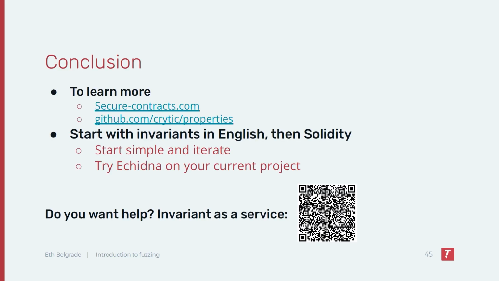Okay, so I hope the TLDR of what you can take from this presentation is that thinking about invariants is a really powerful way to find vulnerabilities and to build better software. From our experience, it's not necessarily about using a fuzzer or formal methods, but just thinking about invariants.